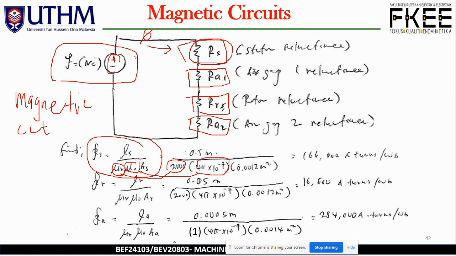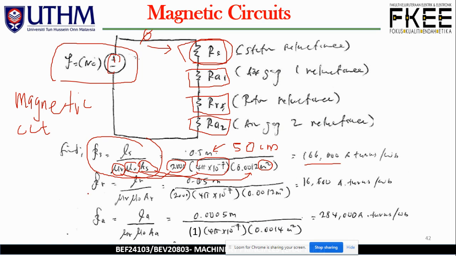We have As, the cross-sectional area for the stator, which is 12 centimeter squared, converted into meter. And then the mean flux length of the stator, which is 50 centimeter or 0.5 meter. Don't make a mistake over here. Solving this gives Rs equal to 166,000 ampere turns per Weber.